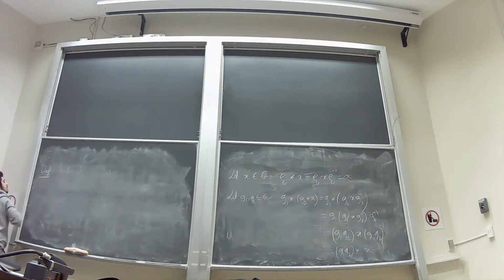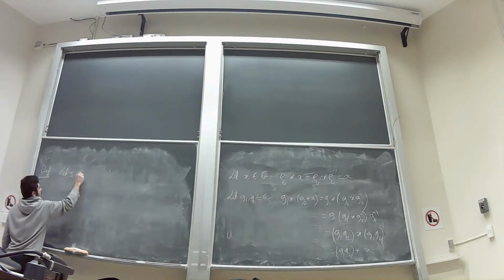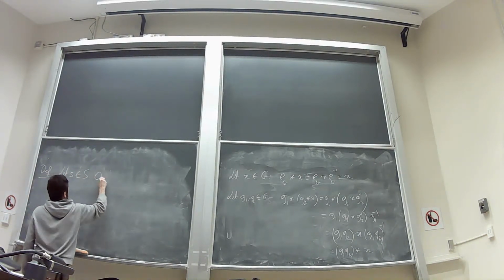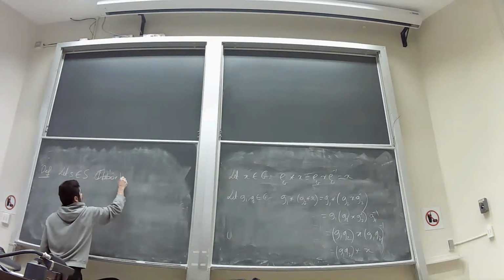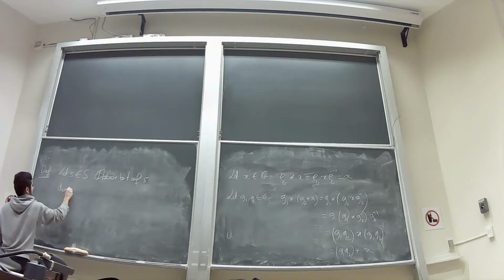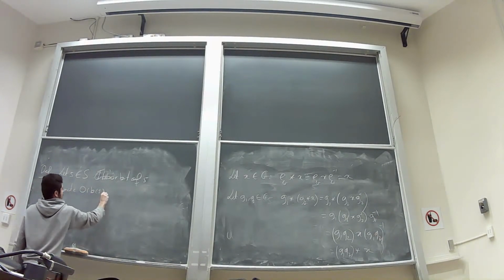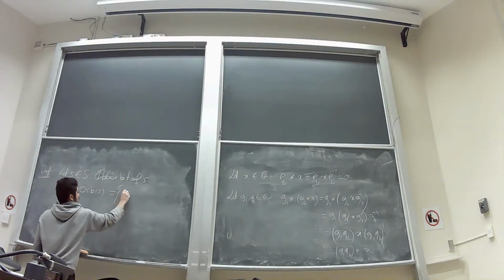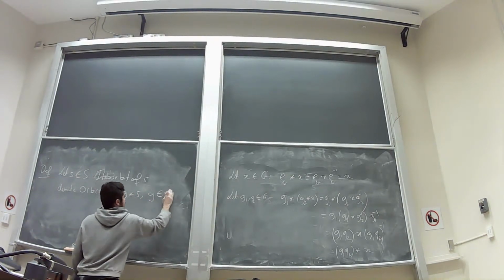Let s be in S. The orbit of s is defined to be the set g star s, as g ranges in G.